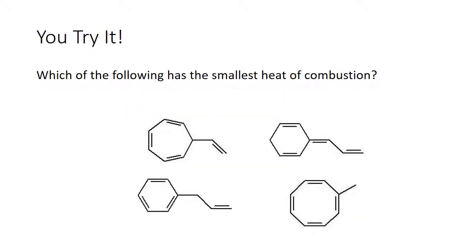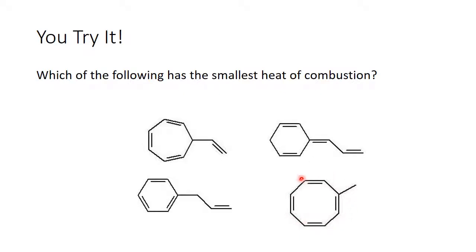Which one of these would you expect to have the smallest heat of combustion? Well, if I look at them, I'm going to look for something that's aromatic because the smaller the heat of combustion, the more stable the compound had to have been. So if I look at this, there's some non-conjugation here, so this can't be aromatic. These are conjugated, but some non-conjugated there, so it can't be aromatic.